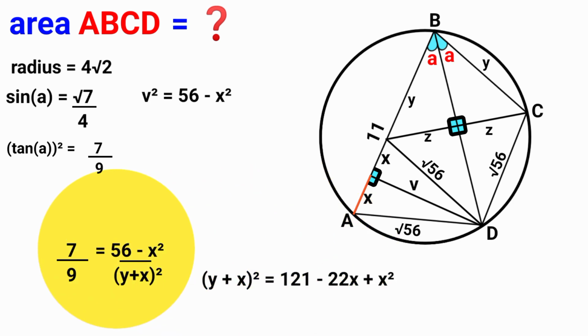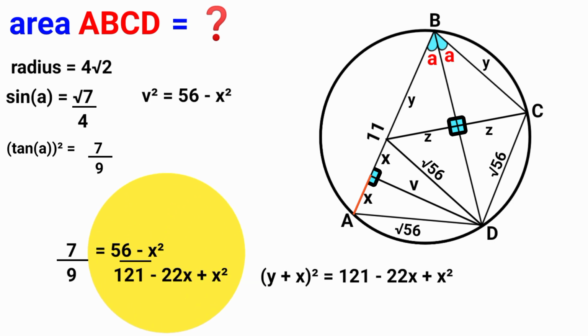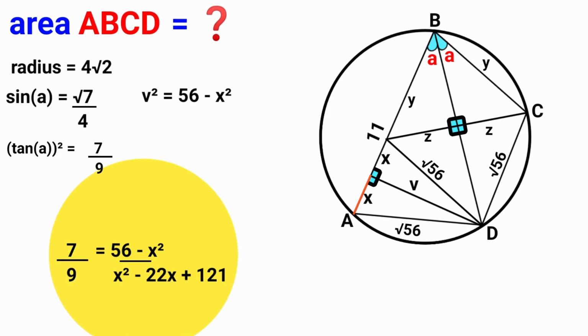We come here, replace this (y plus x) all squared with 121 minus 22x plus x squared, which we can say is x squared minus 22x plus 121. So 7 over 9 equal to (56 minus x squared) all over (x squared minus 22x plus 121). Cross multiply.